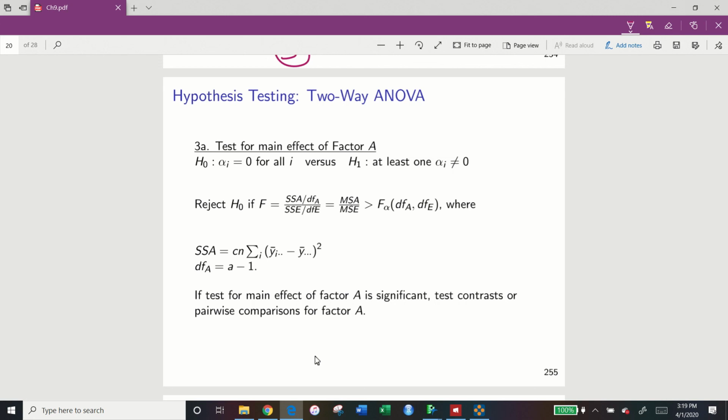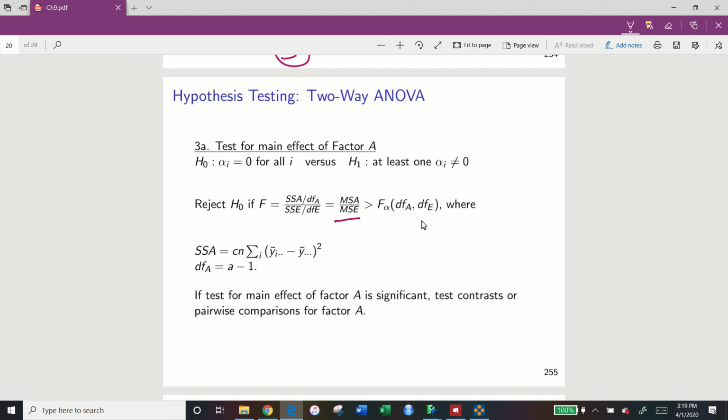The rule will be that we will reject the null hypothesis if F, equal to our mean squared for our factor A over our mean squared error, is greater than F alpha for our degrees of freedom for factor A, comma, our degrees of freedom for the error, where our sum of squares for our factor A is c times n for the summation over i of the quantity y_i dot dot bar minus our overall grand mean, quantity squared, and our degrees of freedom for our factor A is a minus 1.